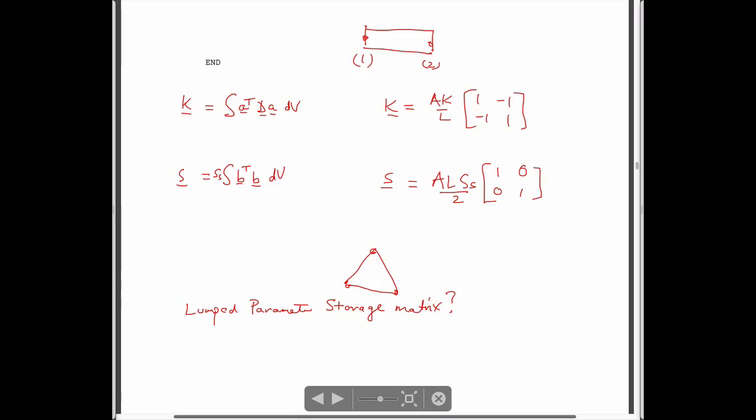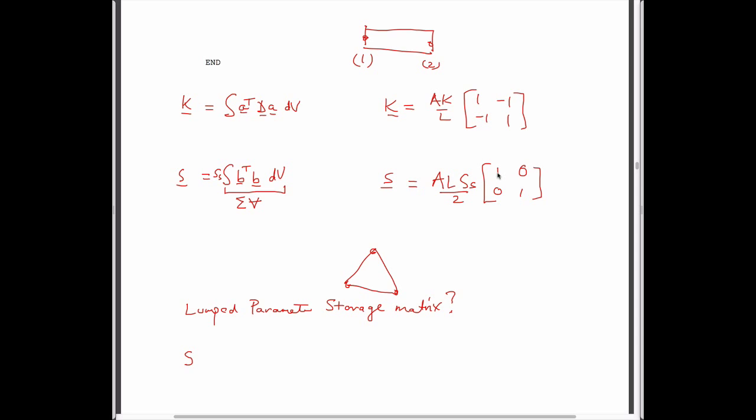So we could go back to first principles and figure it out from this, or we could also realize that basically, we said before that this integral here is equal to the volume of the element if we add all the terms together. So if we sum all the terms together, this ends up being the volume of the element, right?